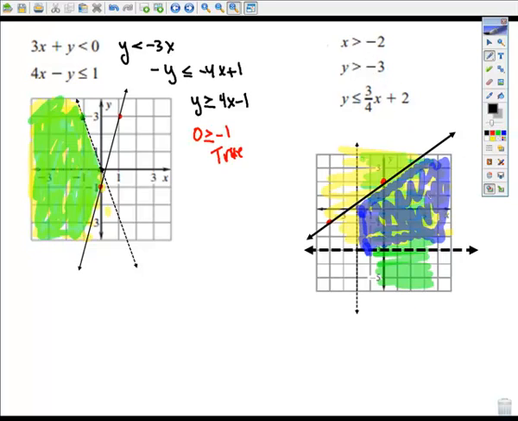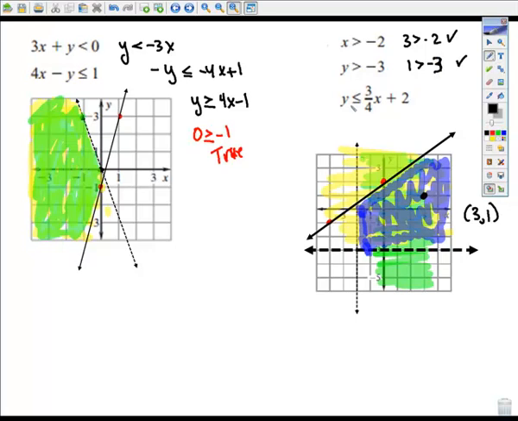So I can randomly pick a point. Let's pick this point here. It's hard for me to see now, but I believe this is the point 3, 1. And if I put it into all of these, it should work. 3 is greater than negative 2. Works there. Y, 1 is greater than negative 1. So it works, negative 3.